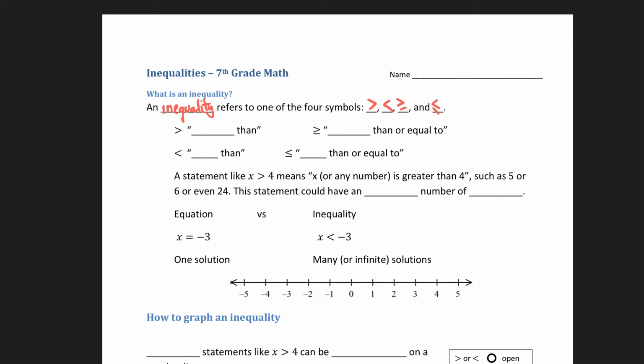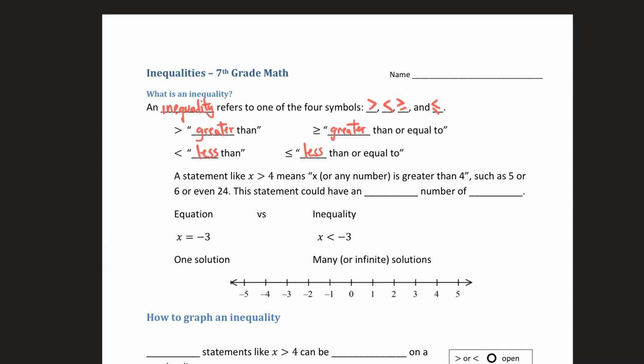The first one is known as greater than, and the other one is known as less than. This other one that looks like greater than is greater than or equal to. See that extra little line right there? That's the difference. That's greater than, and that's greater than or equal to. And the other one would be less than or equal to.